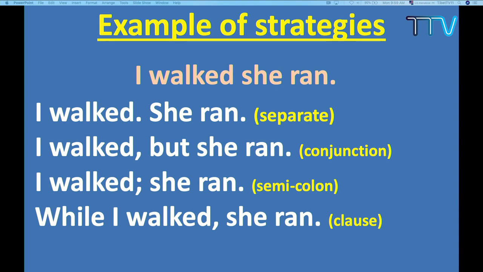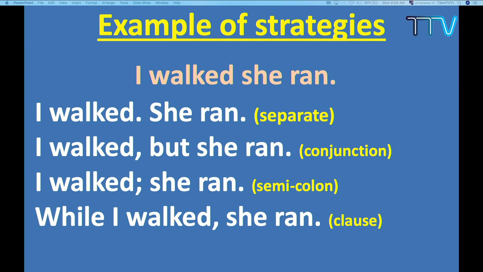And you know when to use it. You cannot use but all the time. If these two sentences contradict, then you can use it. So I walked, comma, but she ran. So that's correct. You see, before but, whenever we have a simple conjunction, FANBOYS, for, or, but, yet, all these words, before that word, we have to use the comma.